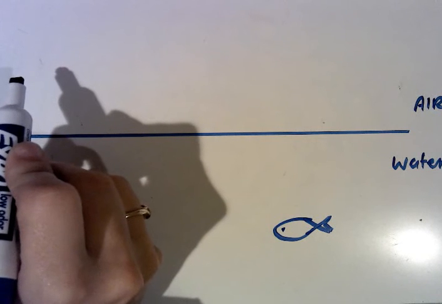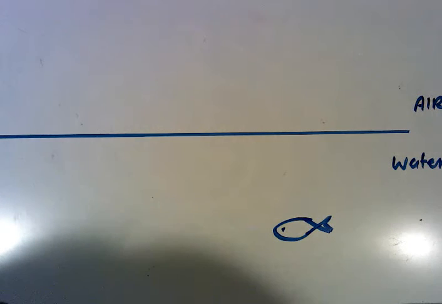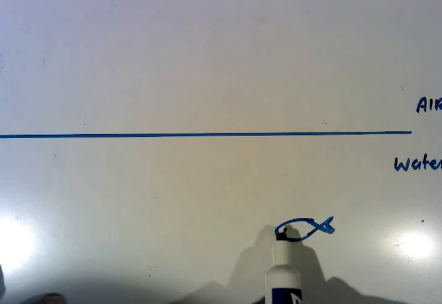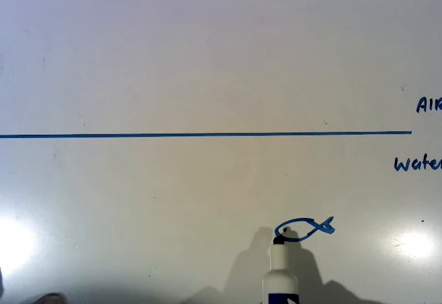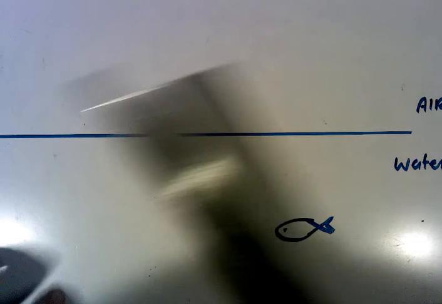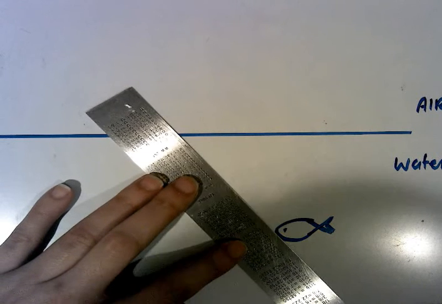medium. So in the same way we start to construct any ray diagram, what we're going to do first of all is draw two light rays coming from a point on our fish. Okay, it doesn't matter which point we choose. So we'll just choose the front part of our fish here.